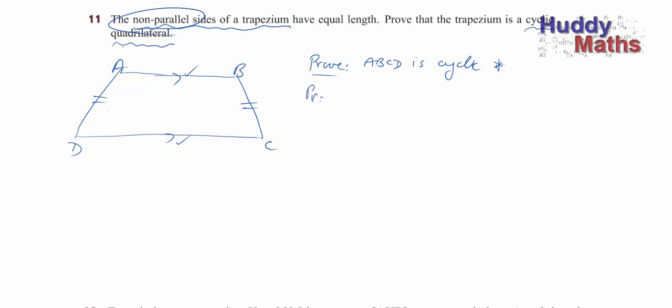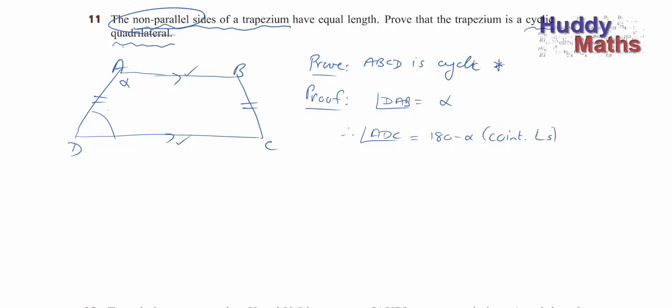Now we're going to use the first piece of given information to see if we can make a deduction. And let's use these parallel lines. So if we call that angle alpha, so angle DAB equals alpha, therefore we can say angle ADC, using the parallel lines, that one is co-interior, and therefore it is 180 take alpha, co-interior angles.